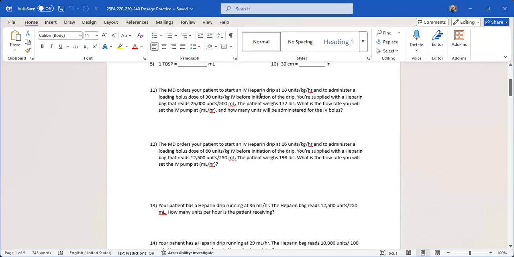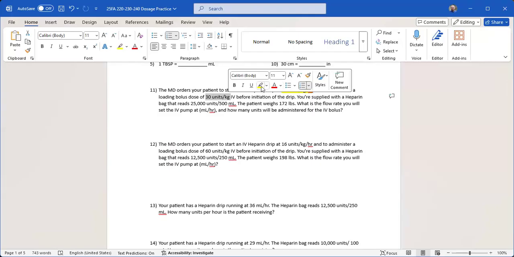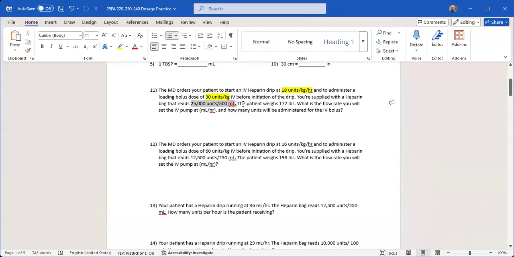It tells us to start an IV drip at 18 units per kilogram per hour. It says that we're going to give them a loading dose of 30 units per kilogram. And then it tells us what our supply is, or what our available is. We have a 25,000 unit per 250 ml IV solution.